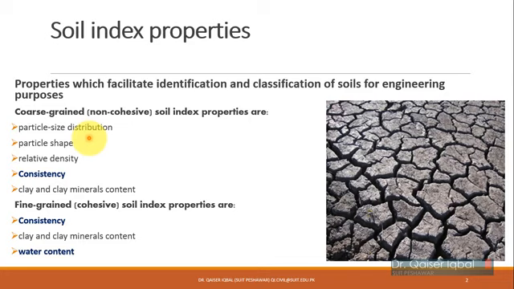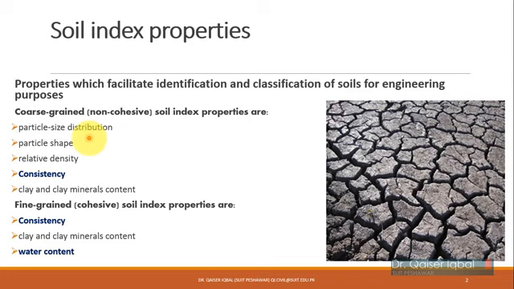If there are larger size particles in greater quantity, or smaller size particles in greater quantity, or if all the particles are of uniform size, or if all the different sizes are available, then we can distinguish one particular soil from another.